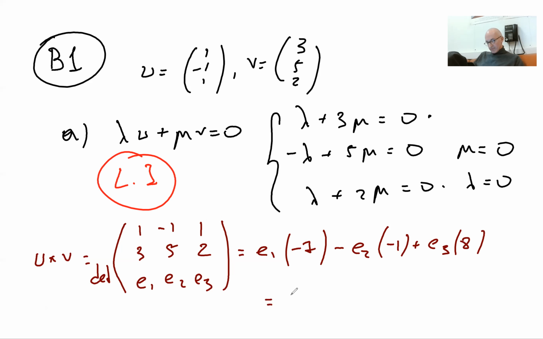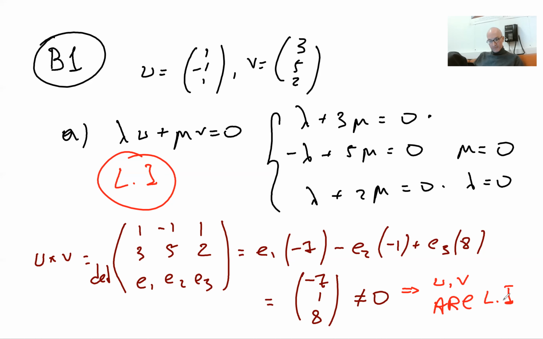So this is the vector (-7, 1, 8). It is not 0, so this also implies that the vectors u and v are linearly independent. Okay, part A is solved.